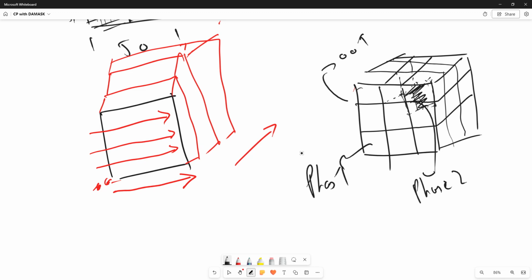How will you define a geometry file for this? Just write it down. You don't have to draw this, just write down how the geometry file will look like.